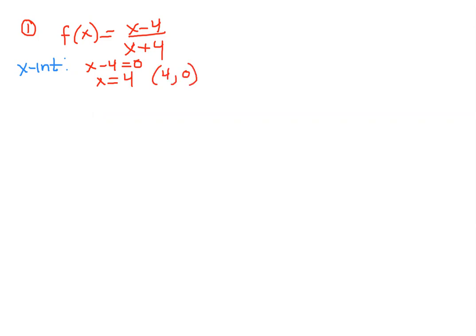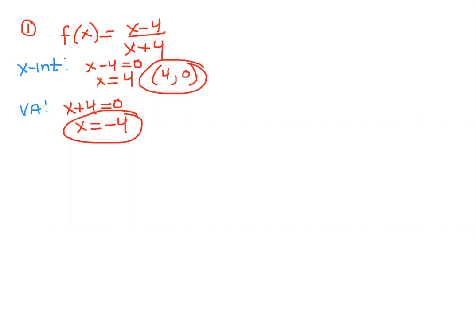The next step is to find the vertical asymptote by setting the denominator equal to 0. We take the bottom, set it equal to 0, and we get x equals -4. There's our vertical asymptote, here's our x-intercept. Then we're going to find the horizontal asymptote by that little chart.